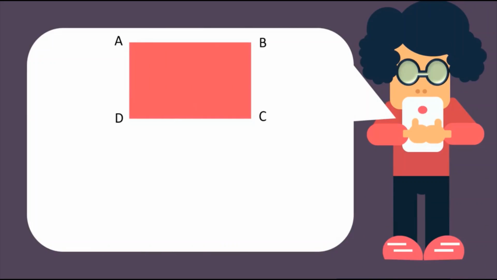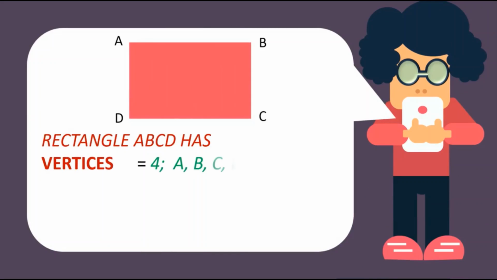So first we'll know more about a rectangle. Here rectangle ABCD has 4 vertices. Vertices means corners. They are A, B, C and D. These are the vertices of the rectangle and they are 4 in number.